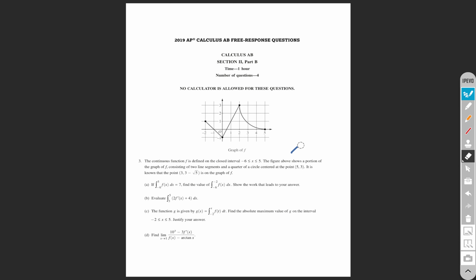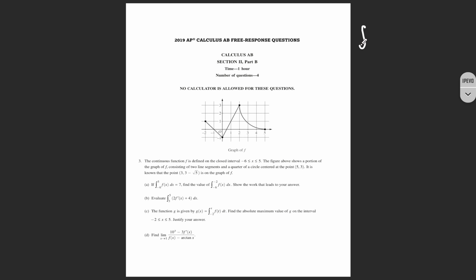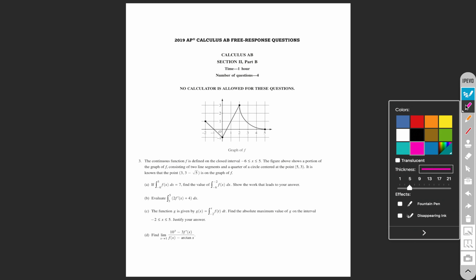The first thing I'm going to do is write down what we're being asked. First I'm going to write what we're given. I don't think white is a good color, so let's try pink.